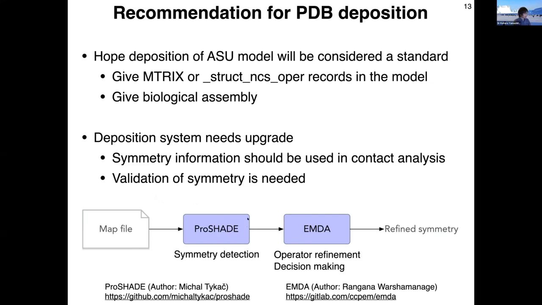They include ProSHADE, written by Michal, for symmetry detection, and EMDA, by Rangana, for operator refinement and decision making. These tools will play some role in the PDB deposition system, and will also be useful in the refinement pipeline.